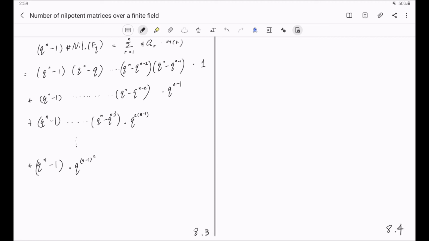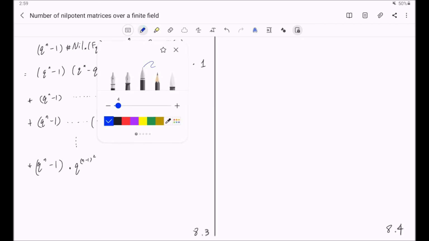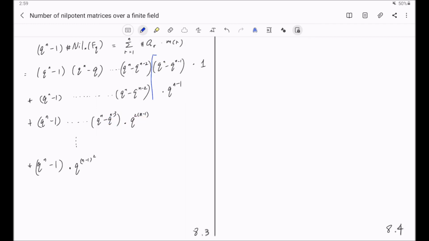The key observation for this calculation is that if you look at the first two terms, and if you look at this part, what do you see? You will see that this term cancels with this term.